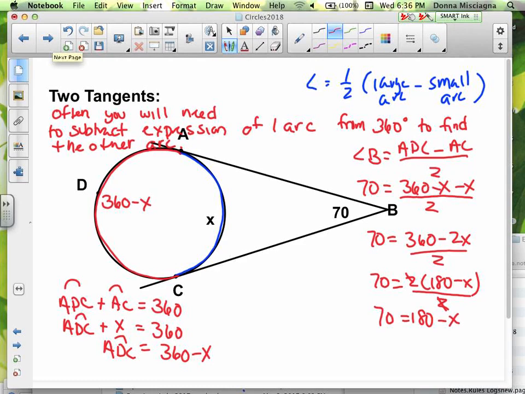And now all I have to do is subtract 180 from both sides. So that gives us negative 110 equals negative x. And divide by negative 1, 110 is x. Right? It didn't really ask us questions here, but we're finding x.